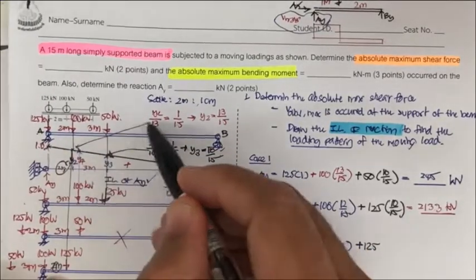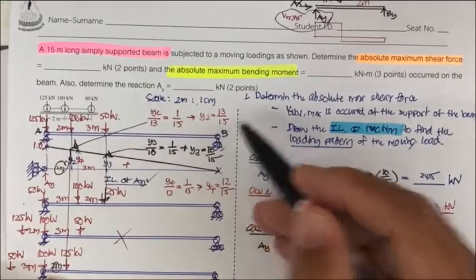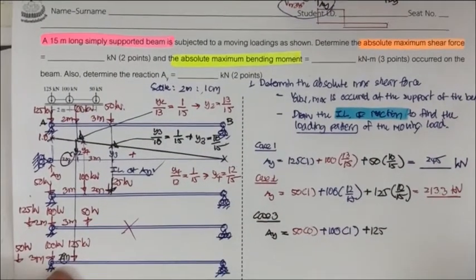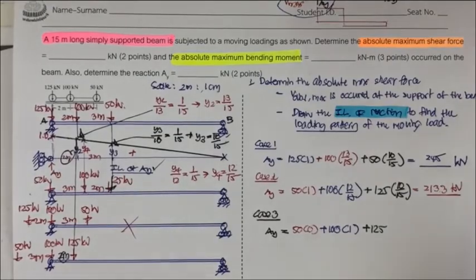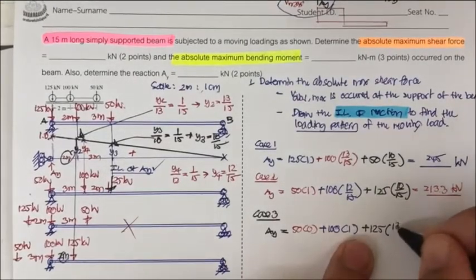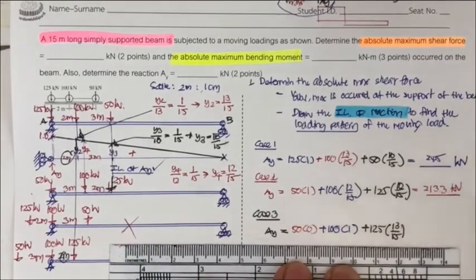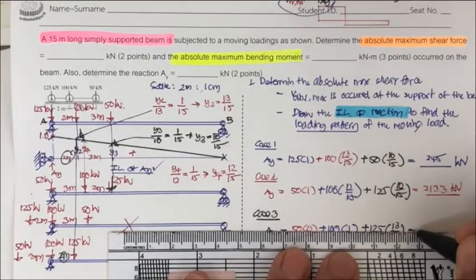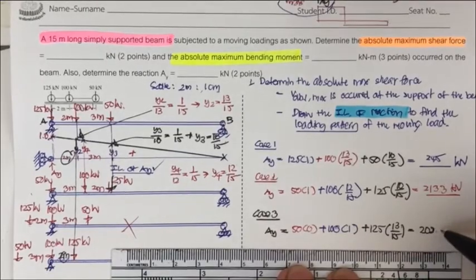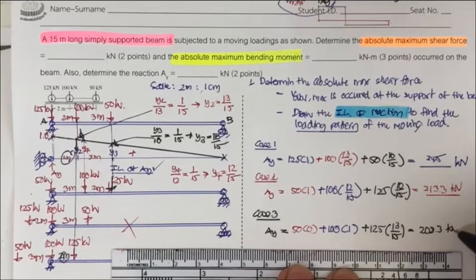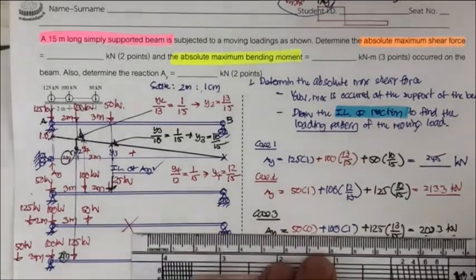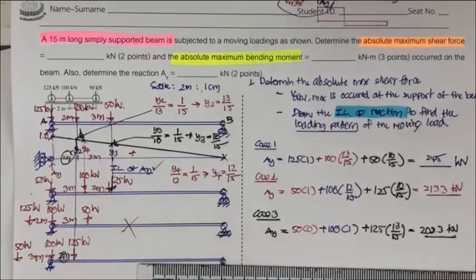So the value of this is going to be 13 divided by 50. So that one is going to times the 13 divided by the 15. And then you get this last one of 208.3 kilonewton. Now you arrive at the solution.